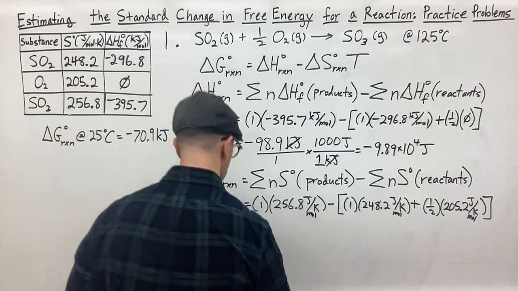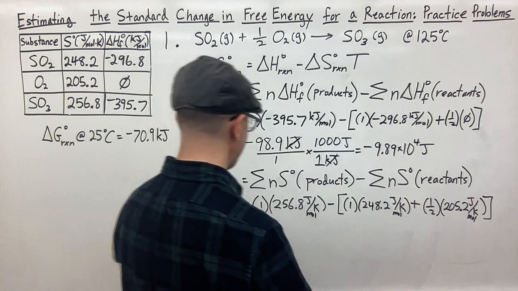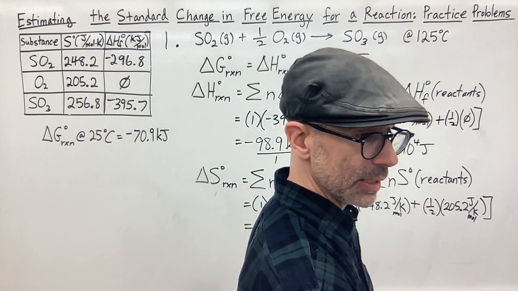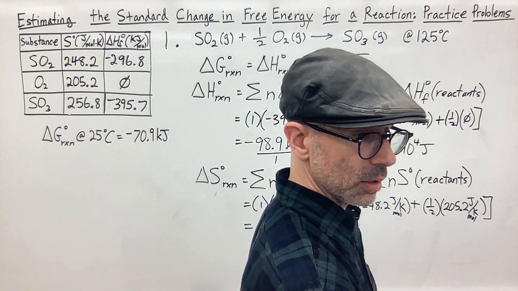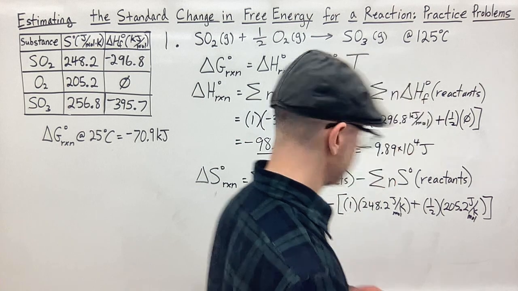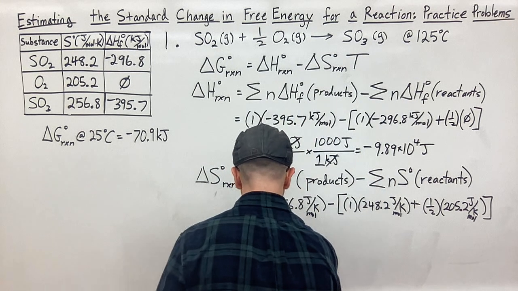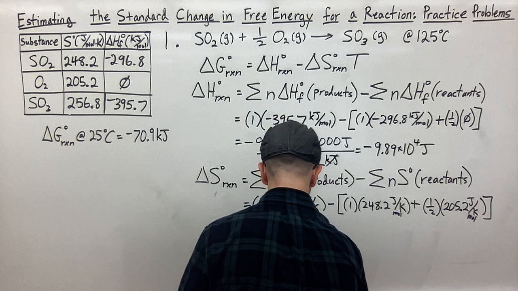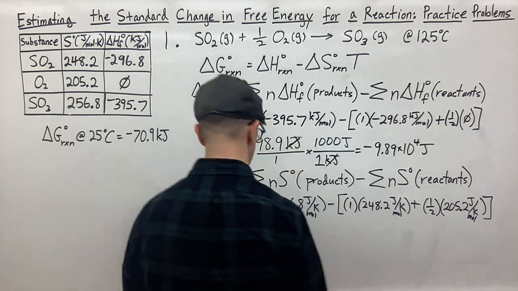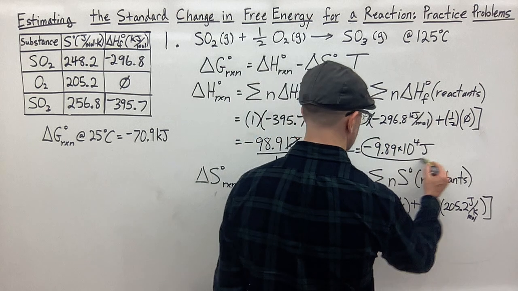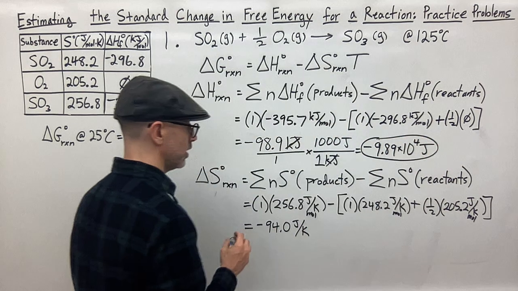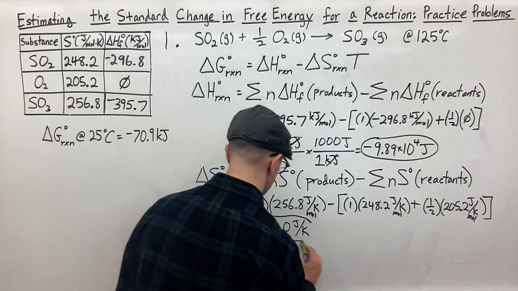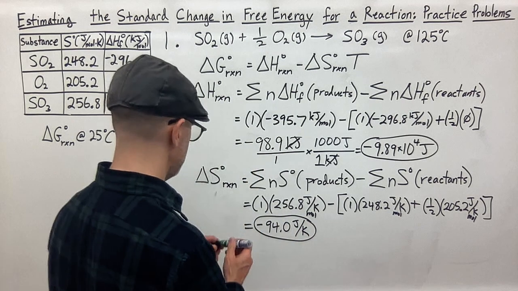Okay, so we go ahead and calculate this out, and what we get is negative 94.0 joules per Kelvin. So here's our delta H, or standard enthalpy of the reaction, and here is our standard change in entropy.